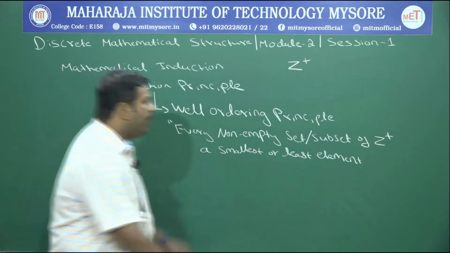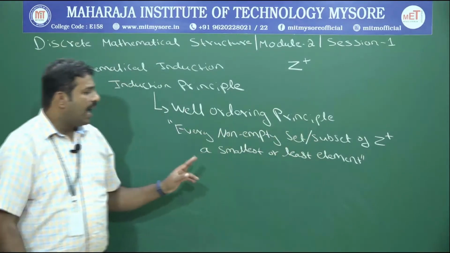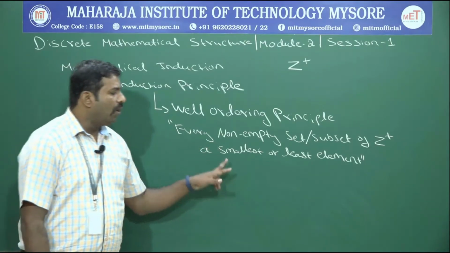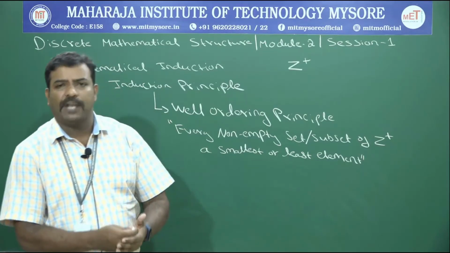That is, for every non-empty subset of Z plus, there is going to be a smallest or least element which will help me to prove the base statement.